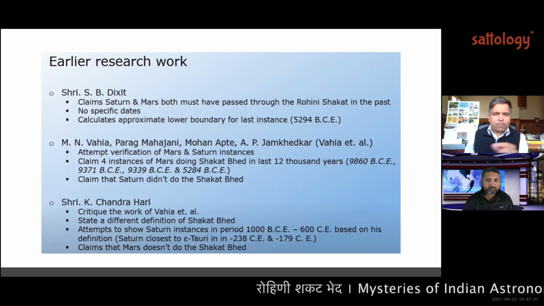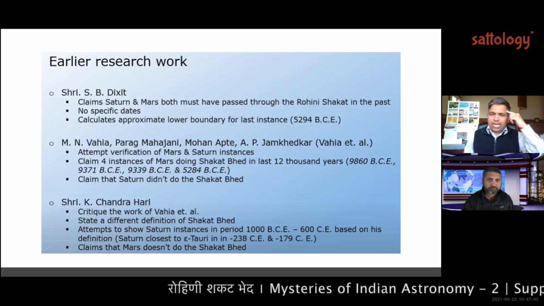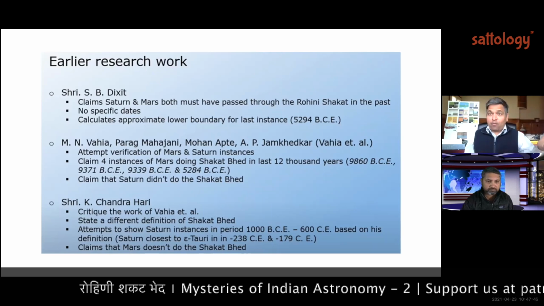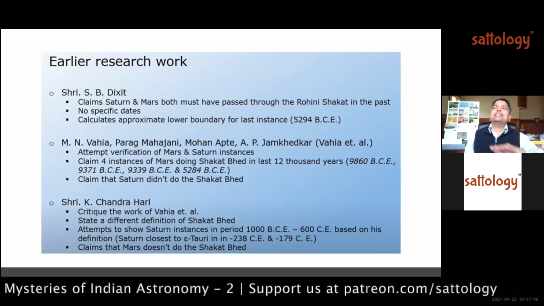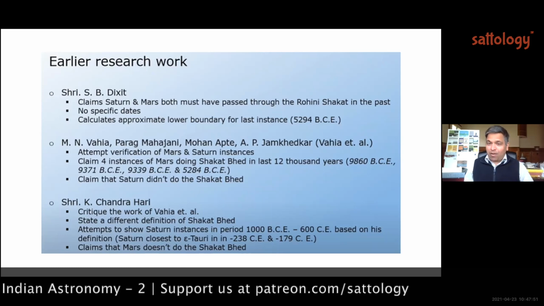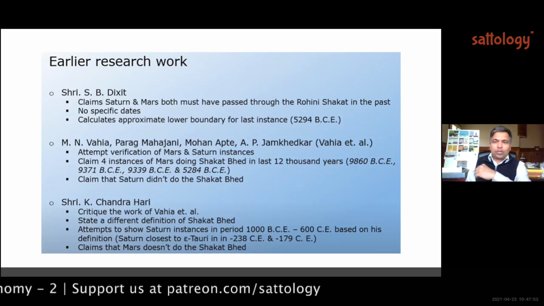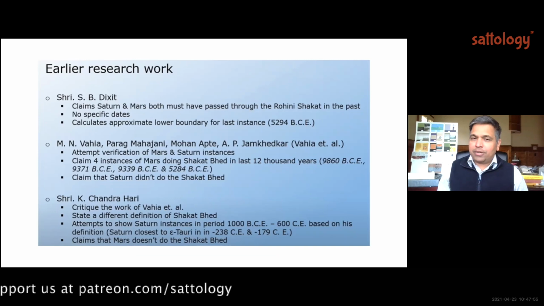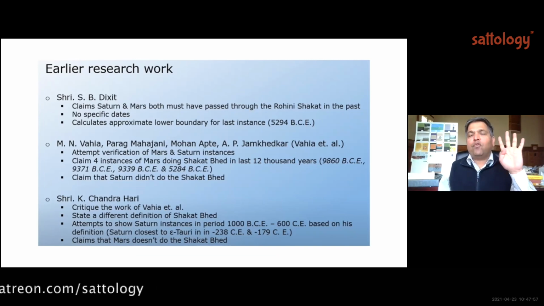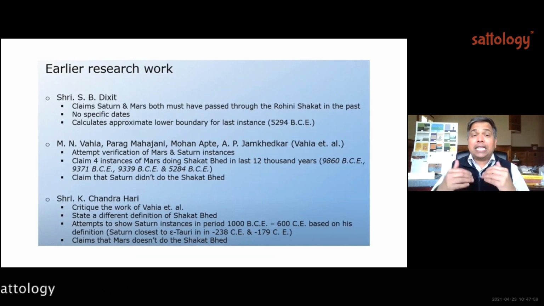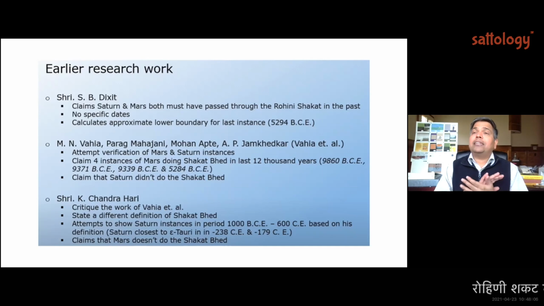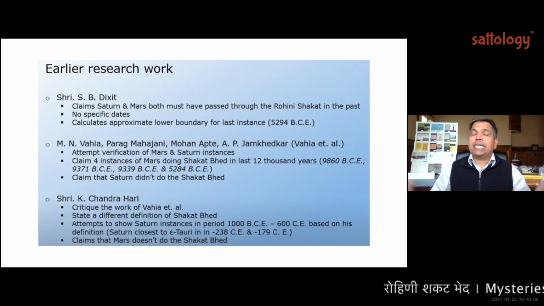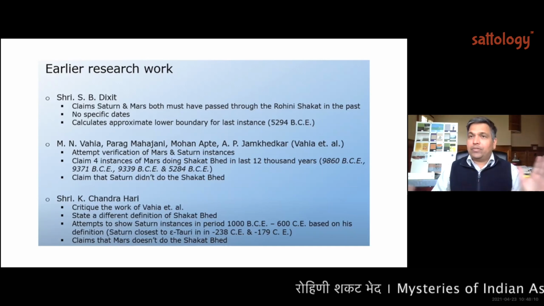In fact, maybe they just focused on Mars, because somewhere I think internally they believed, wrongfully so, and I'm going to show you that, that Mars would do it, Saturn will not do it. That's what they thought. They explored this for the last 10,000, 12,000 years, and came up with 4 instances where they claimed that Mars had done this Rohini Shakata Bheda. They also claimed that Saturn will never do it. Saturn did not in the past, and it will not do it.